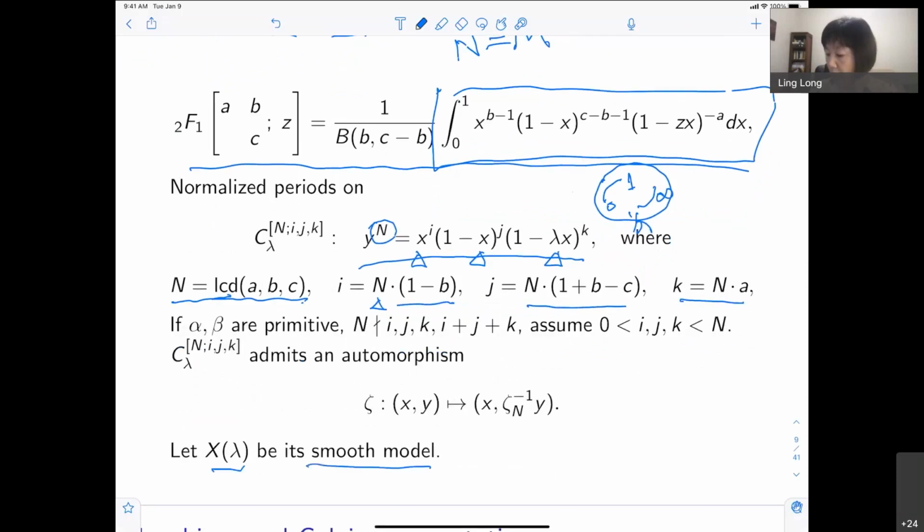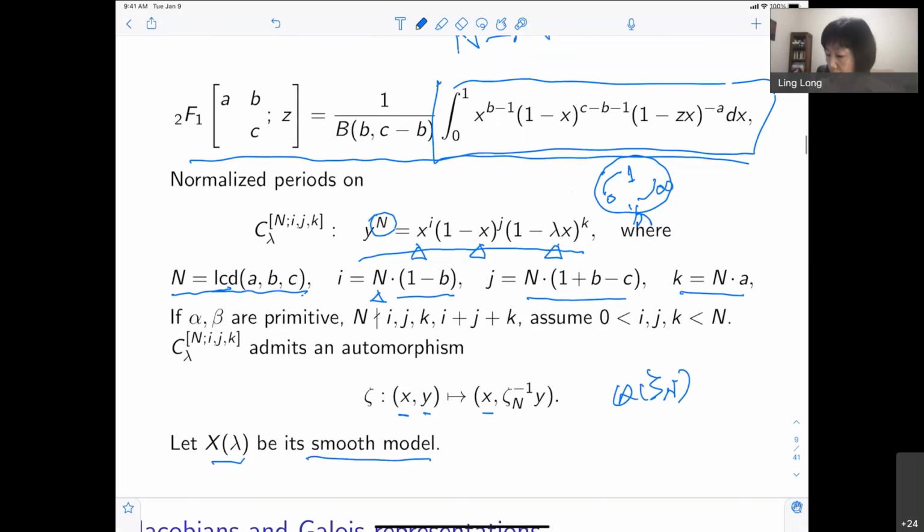Before that, we notice there is a built-in symmetry on such a curve, which will be the automorphism sending (x, y) to (x, a primitive N-th root of unity times y), which is defined over Q joining theta.